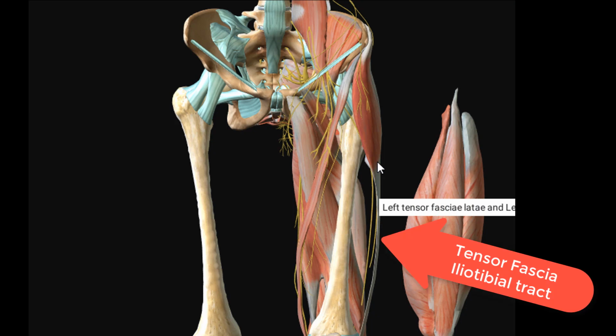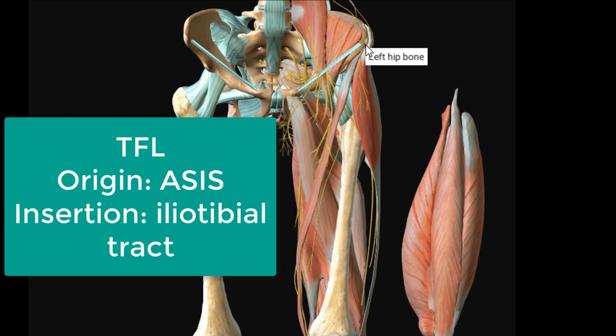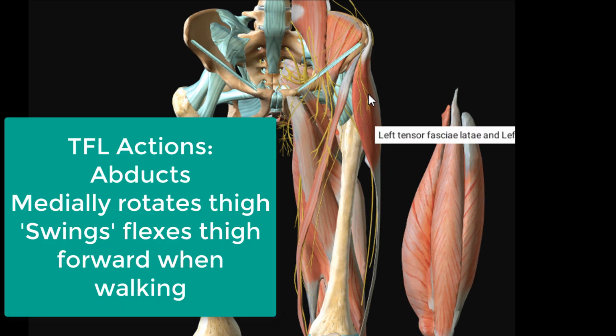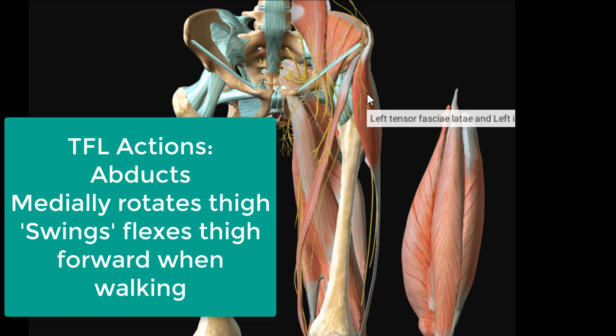So tensor fasciae latae originates on this anterior superior iliac spine, and at its distal end it's inserting into the iliotibial tract. It abducts, which means take away, at the hip, and it also medially rotates, which means turns in, and flexes the thigh. So along with iliacus and psoas, it helps to flex the thigh.